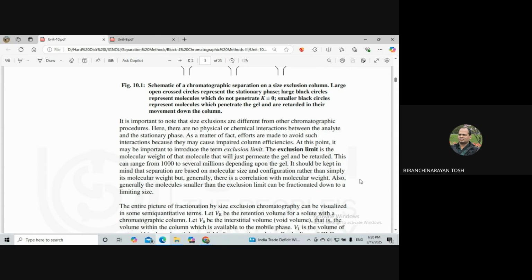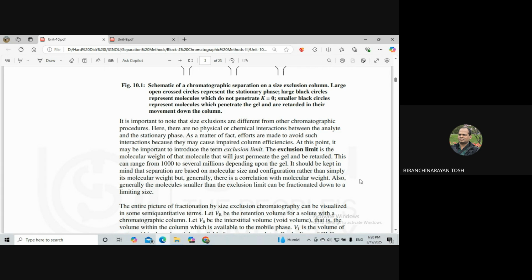If you can remember, in the study of polymer science, there are different types of polymer molecular weight, like number average molecular weight, weight average molecular weight, viscosity average molecular weight. In size exclusion chromatography or gel filtration chromatography, we can find out the number average molecular weight. The number average molecular weight is related to the size of the molecule or the polymer.